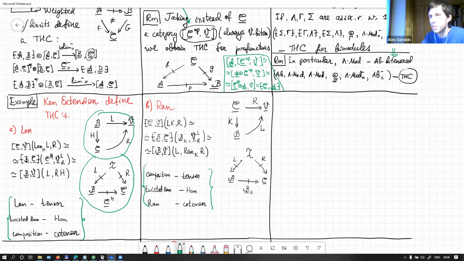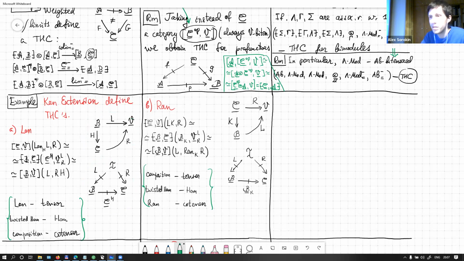Using a co-representable embedding of small categories in profunctors, my functor H from B to C becomes a profunctor from B to C, C superscript H. And functors from B to V and from C to V, L and R, become profunctors, excuse me, from trivial category to category B and category C.